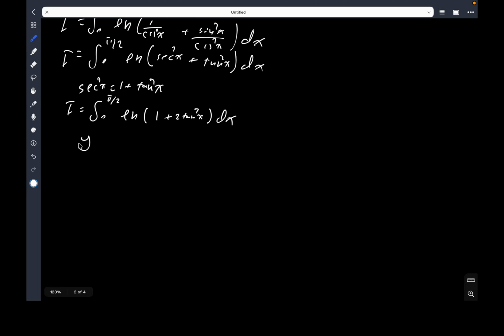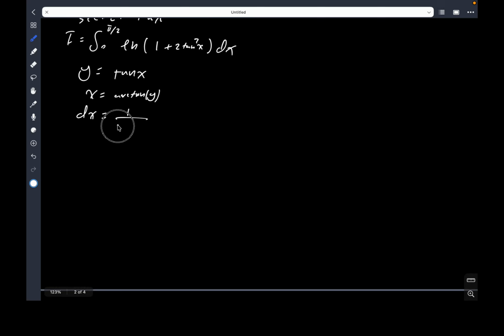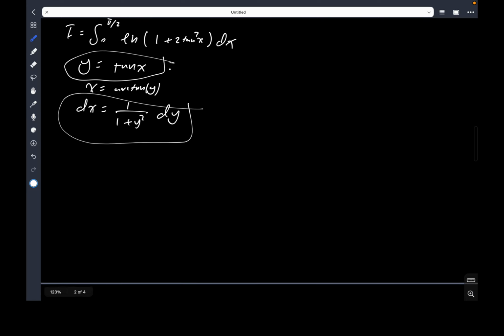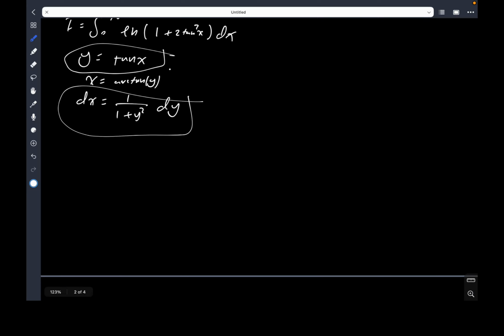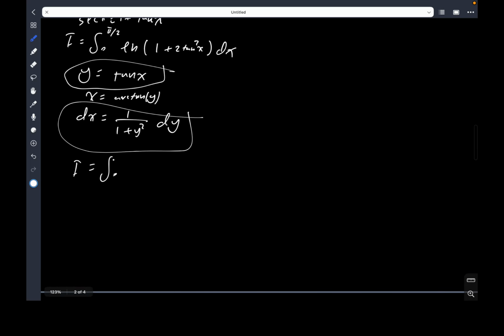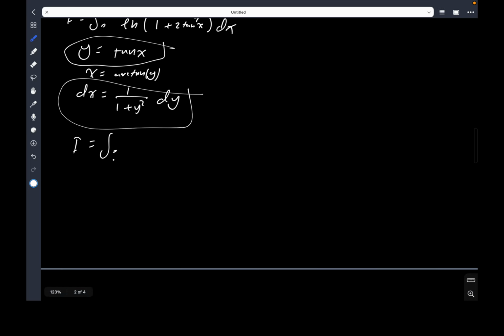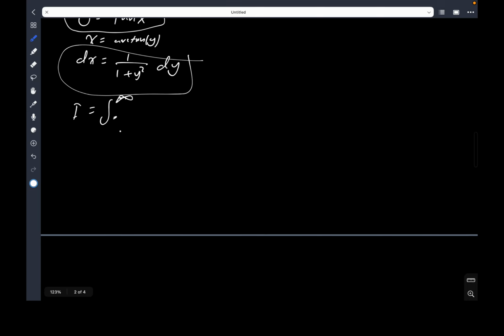So here I'm going to define y to be tan x, and x is going to be arctan of y. Thus dx is going to be equal to 1 over 1 plus y squared dy. So here is my dx, and my y is tan x. Thus my integral is going to be from 0 to arctan of tan of pi over 2, which is infinity, so it's 0 to infinity.